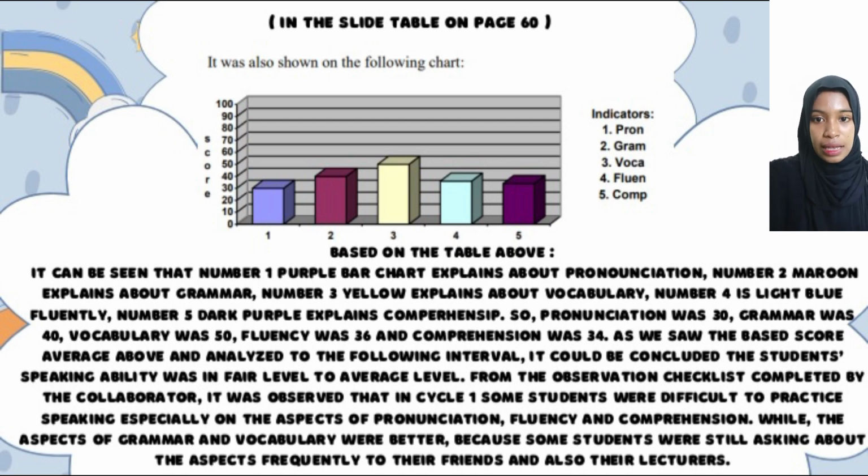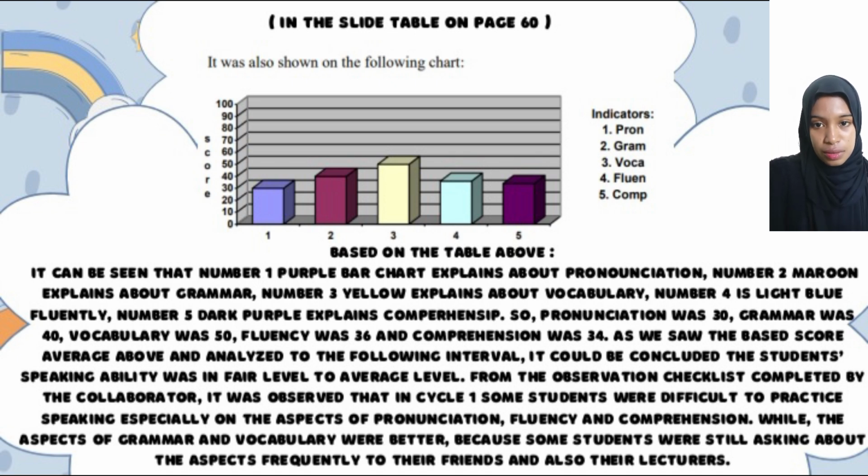Pronunciation was 30, grammar was 40, vocabulary was 50, fluency was 36, and comprehension was 34.